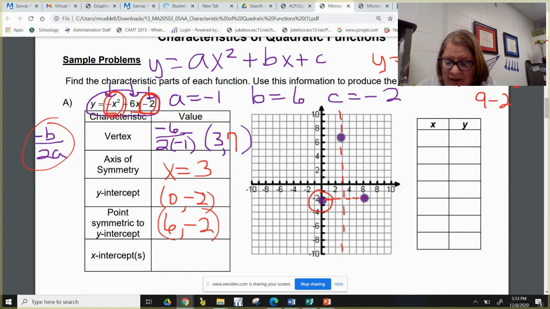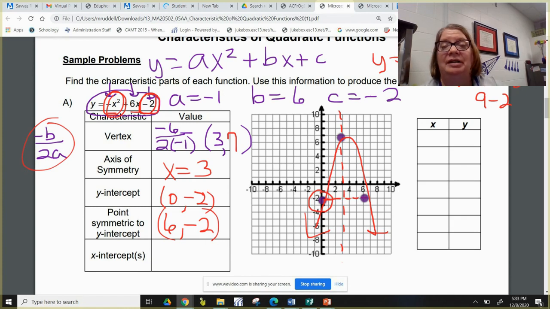It has the same y value as the y-intercept. It's the mirror image across that axis of symmetry. What else do we need? X-intercepts. If we draw this in, it's really kind of a sketch. This one actually comes up with decimals. You can't exactly see where the x-intercepts are from sketching that graph.